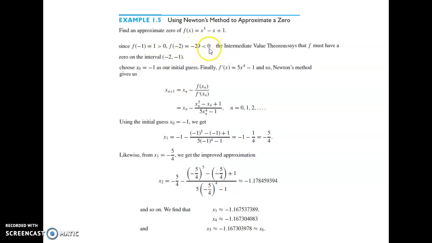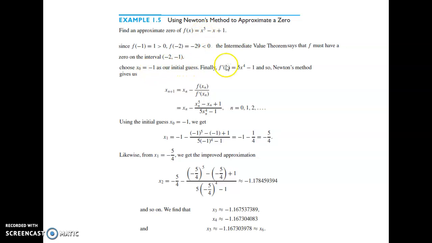According to the intermediate value theorem, f must have a zero in the interval -2 to -1. So your zero for this equation must lie between -2 and -1. So I can start the initial guess as -1.